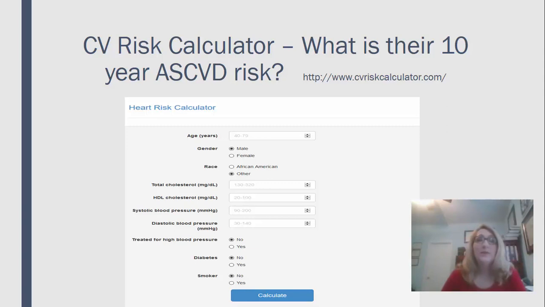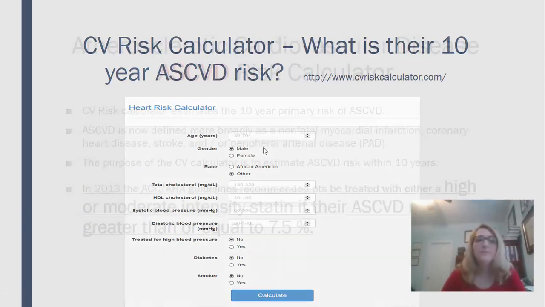It does not encompass stroke risk, but it's still used. So you'll see one or two of these used in practice. Some think that the cardiovascular risk calculator may overestimate the risk, but anyhow, so that you know, these are what you'll see out there. Probably the cardiovascular risk calculator is used more often.